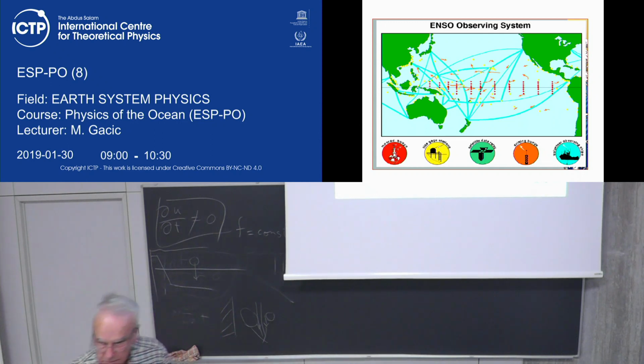This can also be used as an input for the numerical models in order to predict not only the time when the signal arrives, but also the intensity of the signal, whether the El Nino will be strong or not, and so forth.